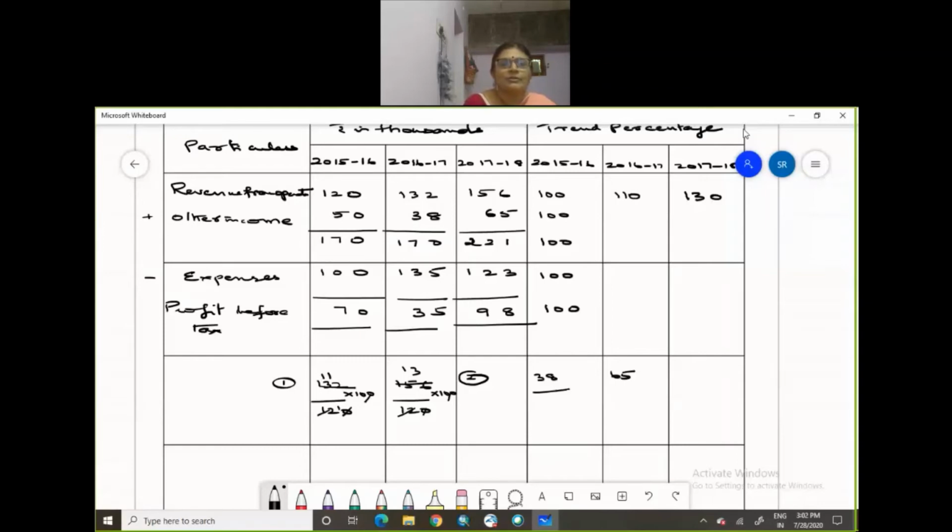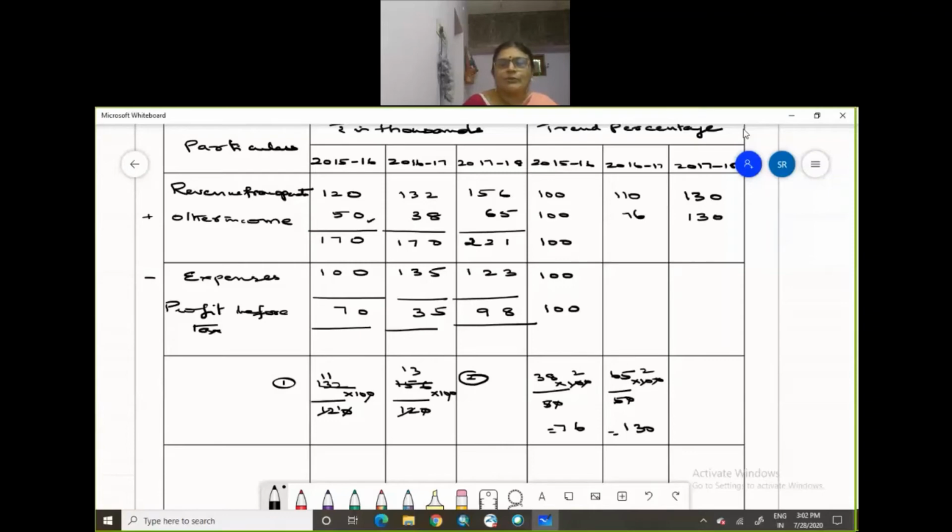So 38 divided by 50 into 100: the zeros cancel, 5 will go here 2 times, so 76 is the answer. Then 65 divided by 50 into 100 is 130.